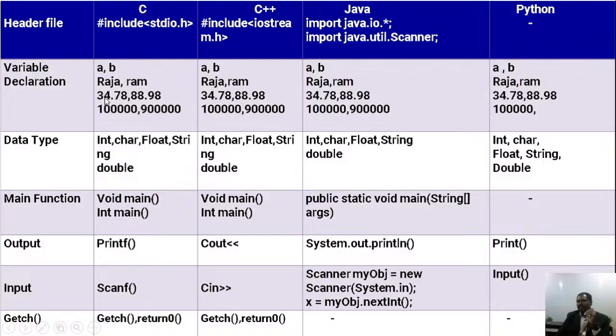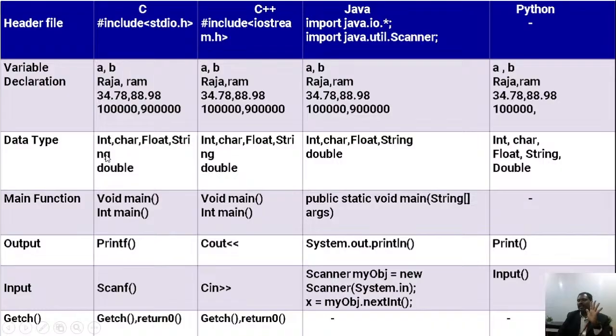If it is a decimal value, it is mentioned as a float, since it is a floating value. Then we can use double, which is for large digit values and large numbers. C, C++, and Java all follow the same rule of int, char, float, string, and double.